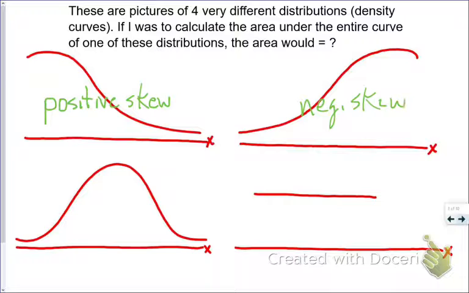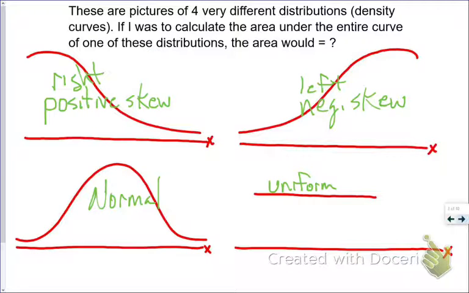And of course, you could say left skew, you could say right skew. Those words are interchangeable. This one is normal. That's the word we use for a bell curve. This one is flat and symmetric, but the formal name for this one is uniform.